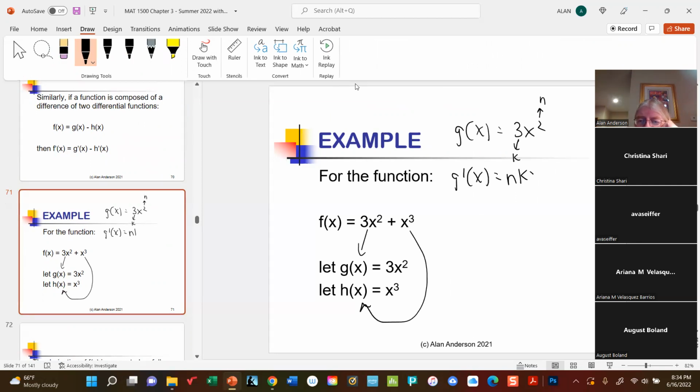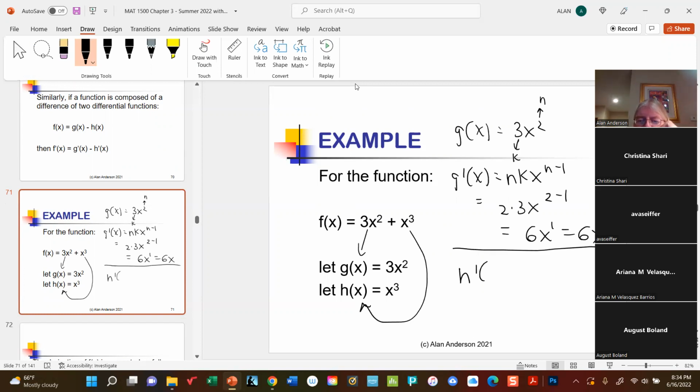It's nkx to the n minus 1, 2 times 3, x to the 2 minus 1, which is just 6x. h of x is x cubed. Now here, by the way, there's an implied coefficient of 1. So don't forget about that. That means that k is 1 and n is 3.